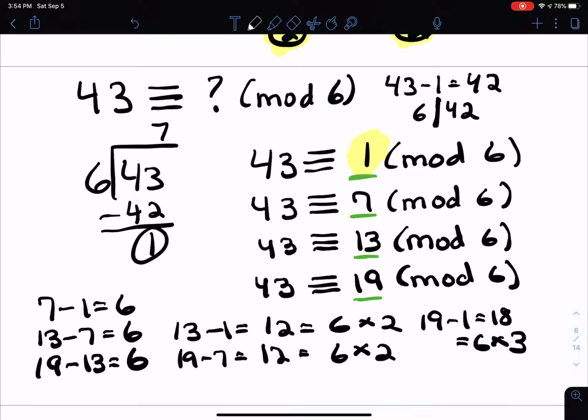You should be able to subtract the a and b, and then 6 should be able to go evenly into that. If you subtract and get a negative and you're like, oh, I'm not sure about that, just switch the order of subtraction. It's all right. If you did 1 minus 43 and you're like, I don't know about negative 42, switch it and do 43 minus 1 and see what you get. It's fine. But that's another little rule with the modular arithmetic.